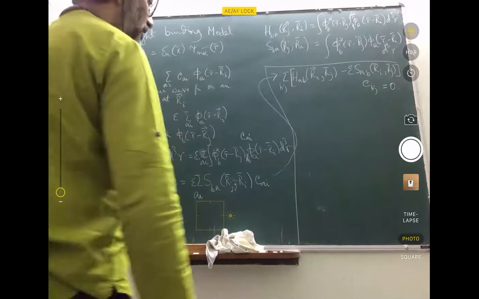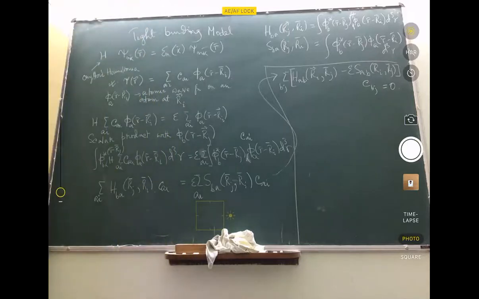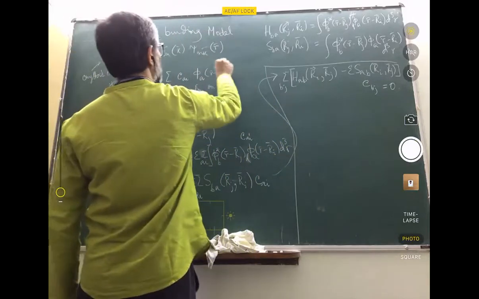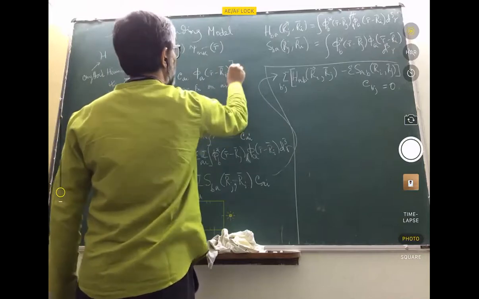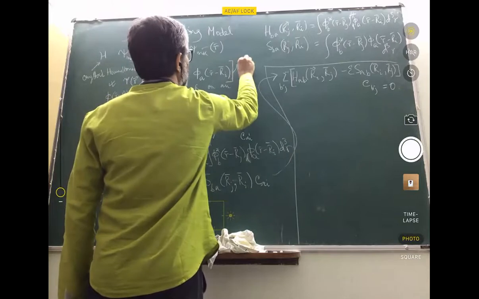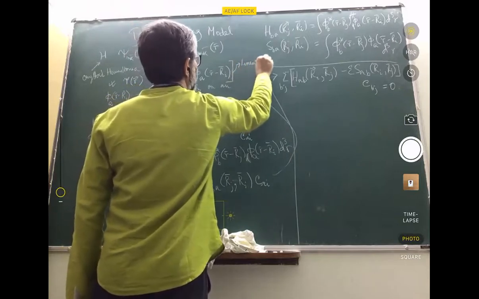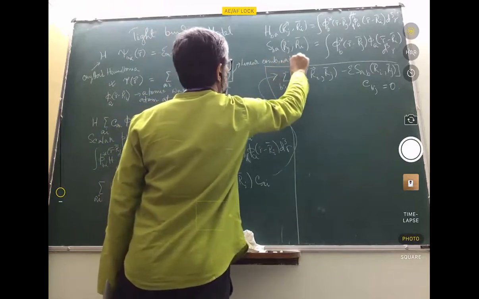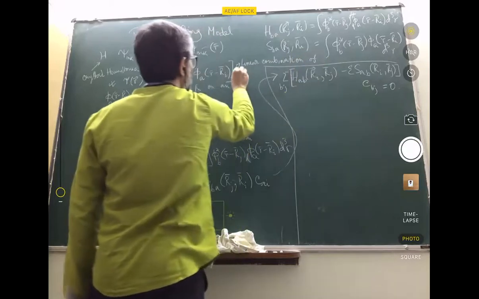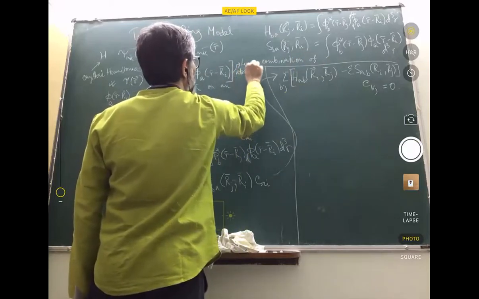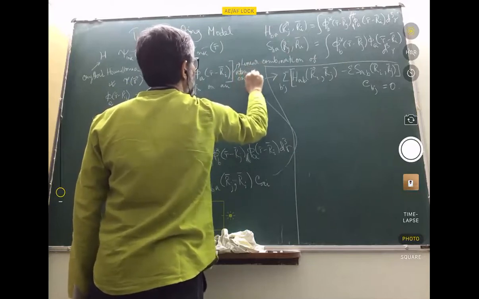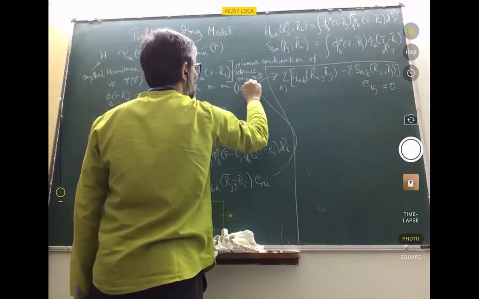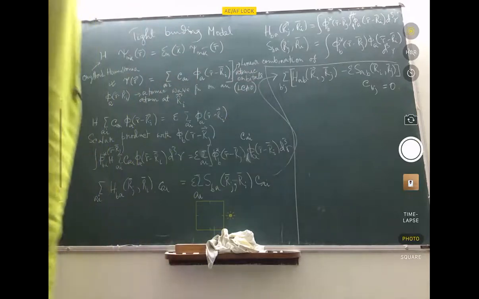And this approach in general is called linear combination of atomic orbitals, or the LCAO approach.